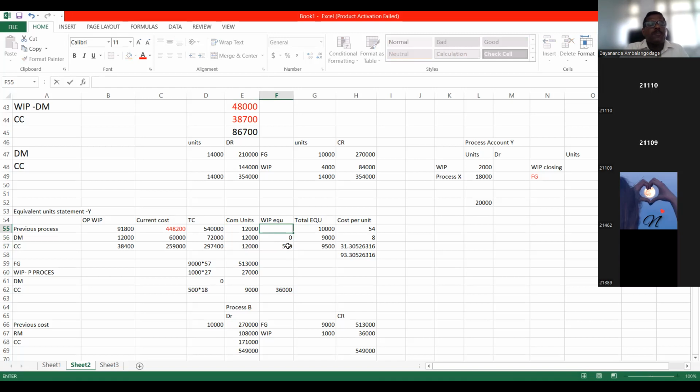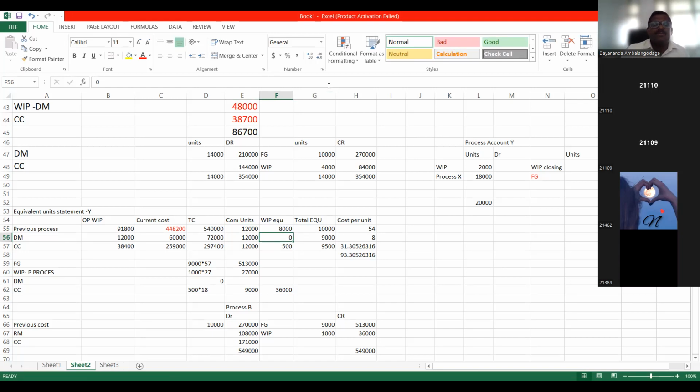We know from the previous process cost element that WIP closing is always 100% completed. Then the direct material: where do you add direct material in process Y? If you go to the question, additional material is added to process Y when the process is 70% completed.